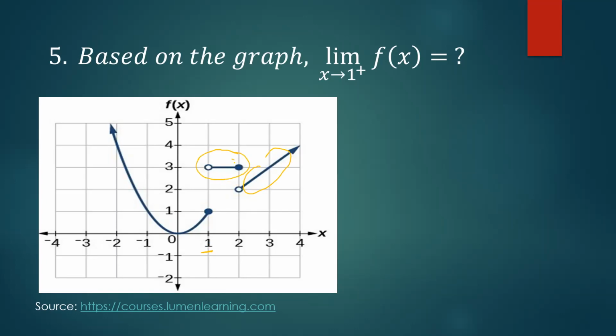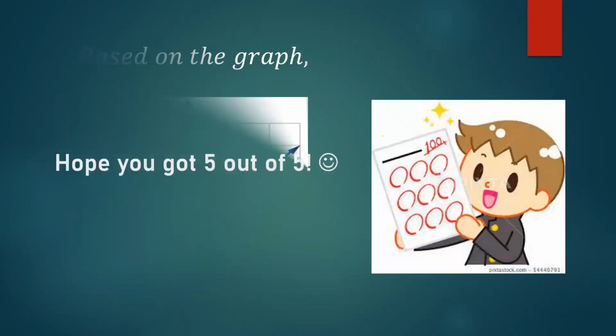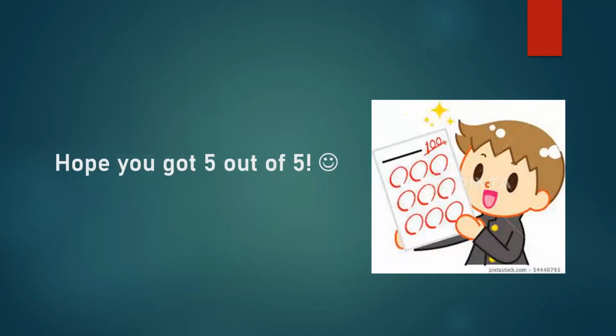So pag ganun, if trace natin yung path, it's leading towards that hollow point, okay? And the y value corresponding to that hollow point is 3. So that means the limit function is 3. So there you go. I hope you got 5 out of 5 in this set of exercises.